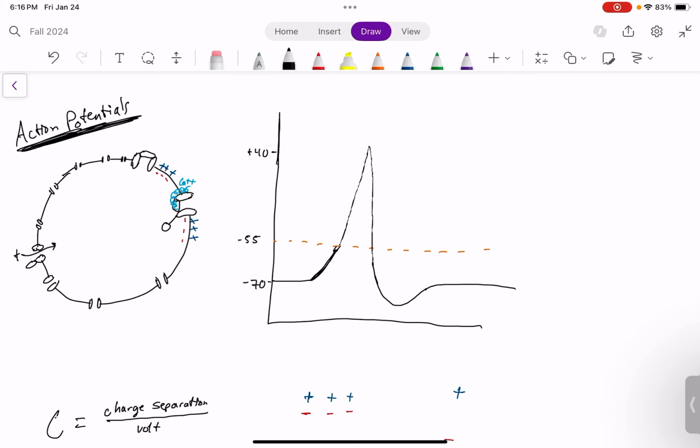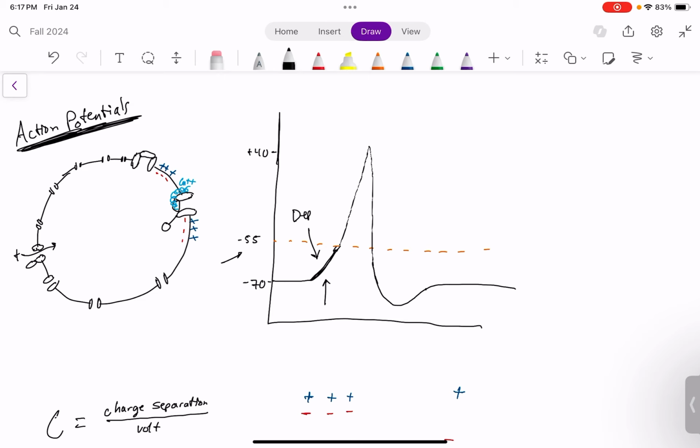Now, that's a stimulus, right? That would cause the cell to depolarize or to go more positive, right? This is called depolarization. And if that change in voltage is high enough to reach threshold, which is negative 55, then it will cause an action potential. It's like an all or nothing ordeal.